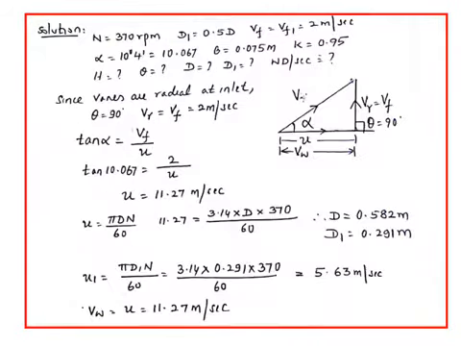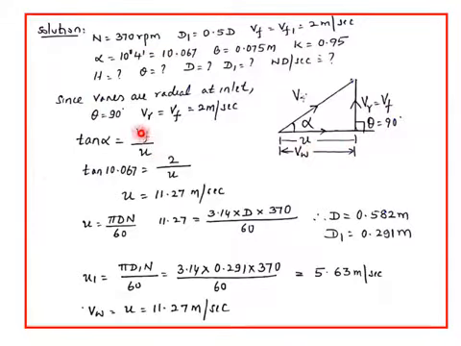Now here it is a right angled triangle at the inlet. Since the vanes are radial, theta is 90 degrees, so hence this Vr has to be in the radial direction, which is the velocity of flow Vf, because the horizontal component of V is Vw, which is also equal to u. So tan alpha is Vf by u.